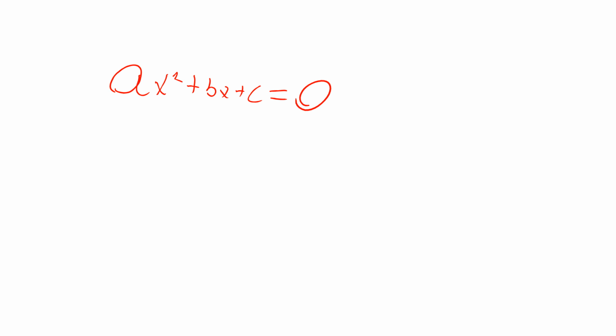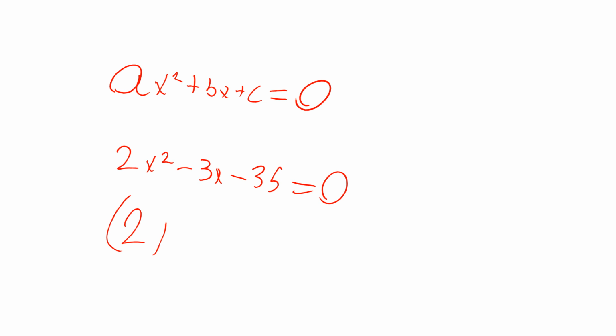So here, the first thing I'm going to do is write the quadratic: 2x squared minus 3x minus 35 equals 0. All right, we have the quadratic. We know we're gonna have 2x and x.